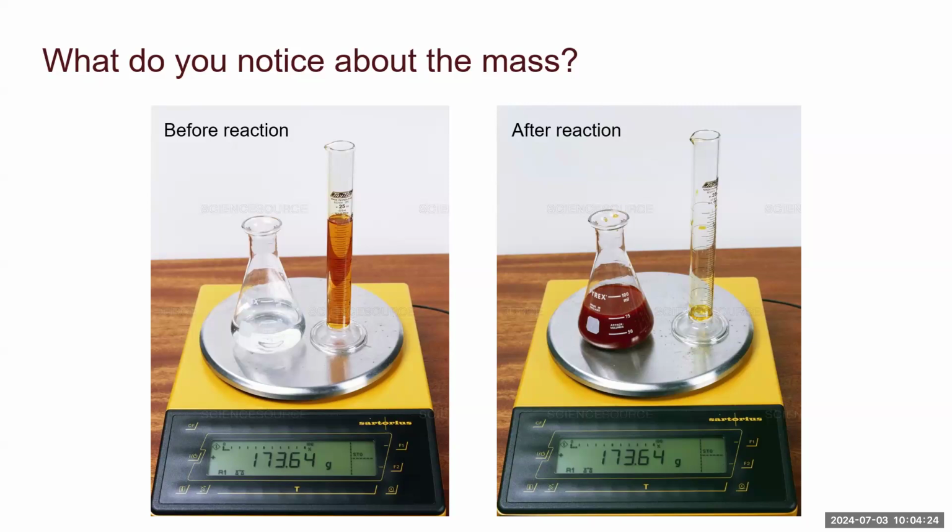So we've got our clear solution in our Erlenmeyer flask, our darkened solution in our graduated cylinder, and the total mass, everything on top of this digital balance, is approximately 173.64 grams. Now, just to review a little from yesterday, could we convert that number to scientific notation? Yes, we could. We take our decimal place from between the 3 and the 6 and move it to the left 2 positions, because for scientific notation we have 1 numeral, a decimal, and then everything that follows.